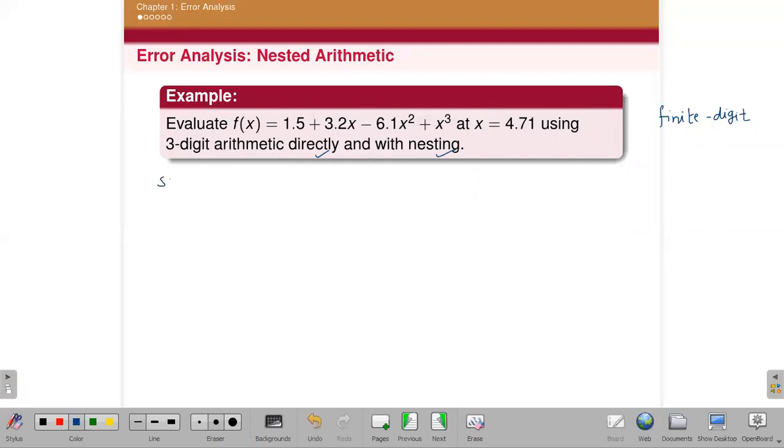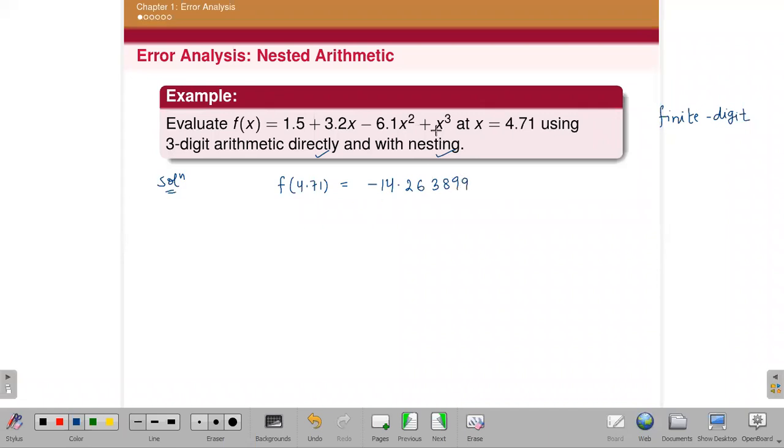Okay, so now first we will find its exact value. Its exact value means I simply put 4.71 into the polynomial. To find the exact value, I'm not following 3-digit arithmetic here. I'm just putting this polynomial into the calculator and finding its value. So you will get 14.263899.